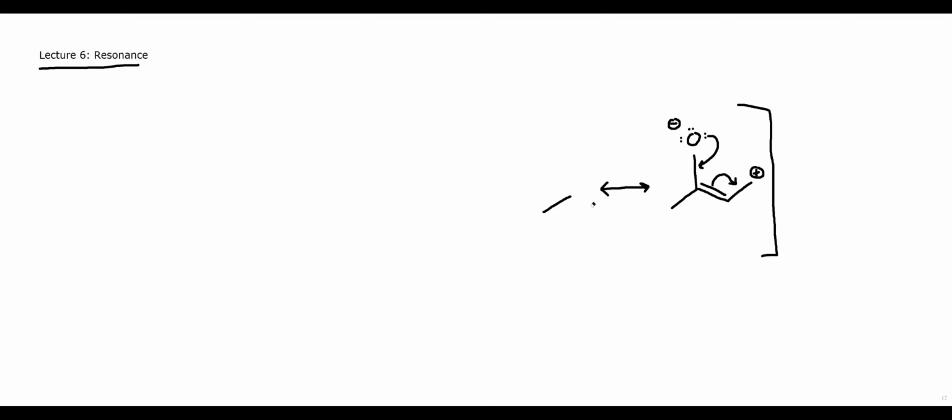Okay, so let's summarize all the different times when we should be looking at resonance. When is resonance possible? When do we consider resonance? First off is if you have a lone pair or a carbocation in the allylic position.